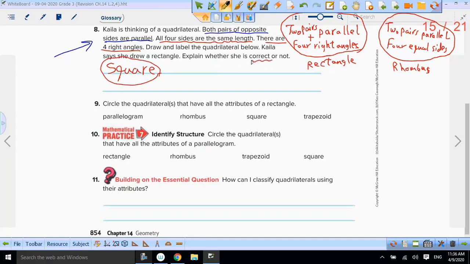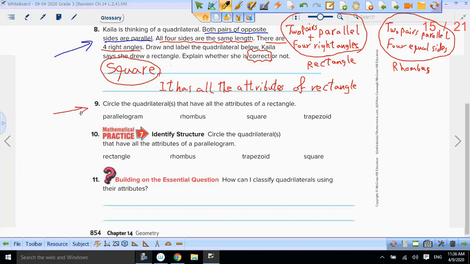This also can be correct, because a square has all the attributes of a rectangle. So we can say it is a rectangle. But all these properties, you can find in the square.